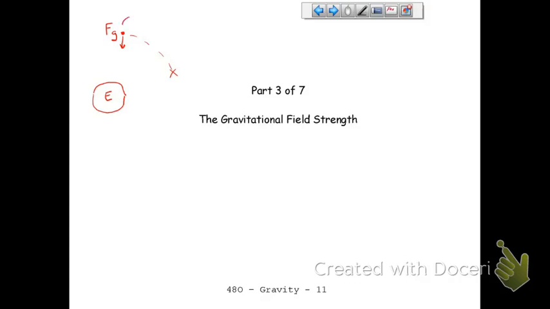So this is the gravitational force on a mass at point P, and this is the gravitational field at point Q, if you like.